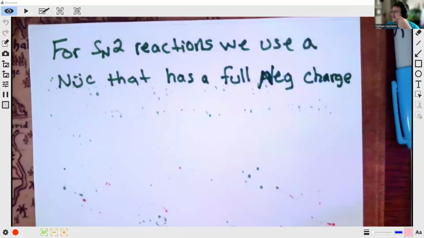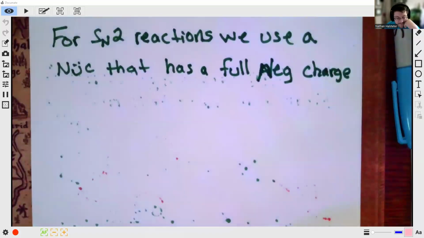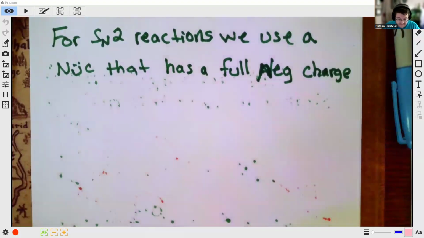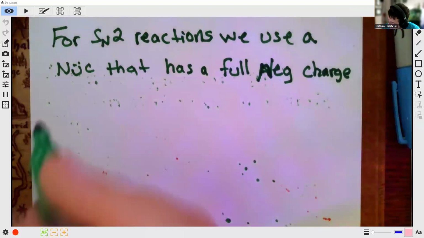That's because full negative charges are, we've talked about charges before, the more charged, the more reactive, the less stable. So by having a full negative charge, you are reacting better. For SN2 to happen in one step, you have to have a really strong nucleophile.